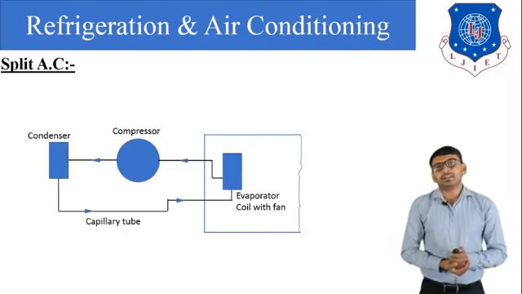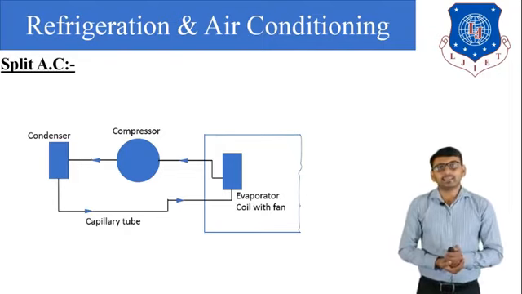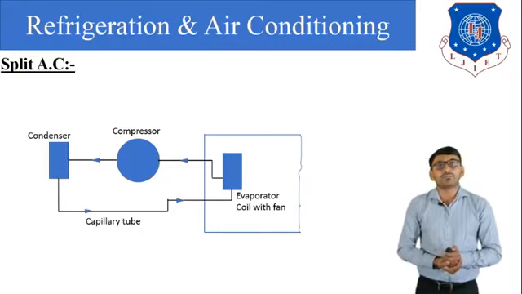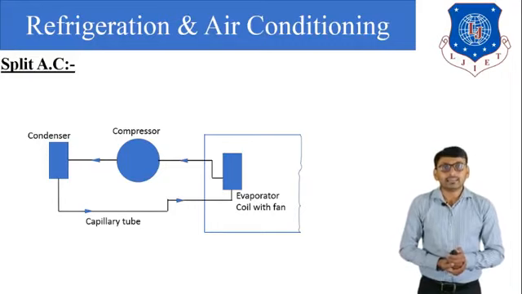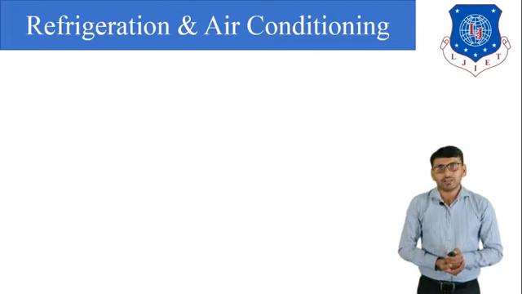So this is the simple diagram of split AC, in which the compressor and condenser are outside the room, and the evaporator, fan and grill are inside the room.